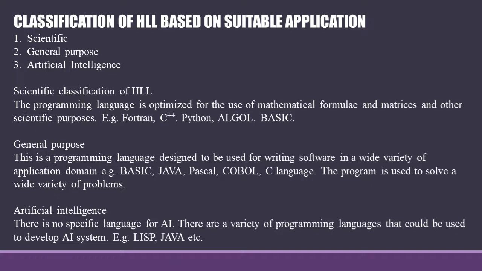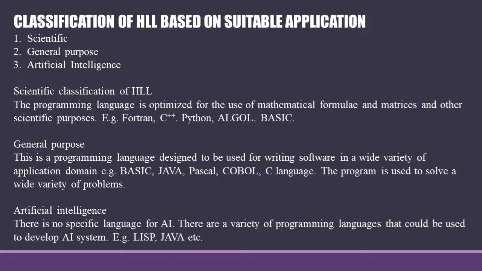Then the next classification based on suitable application is general purpose. This is a programming language designed to be used for writing software in a wide variety of application domains. What it means is that high-level language also has different programs that you can use to design software that can achieve so many things. Just like the name general purpose, you can develop software using these programming languages that can be used to solve so many things.